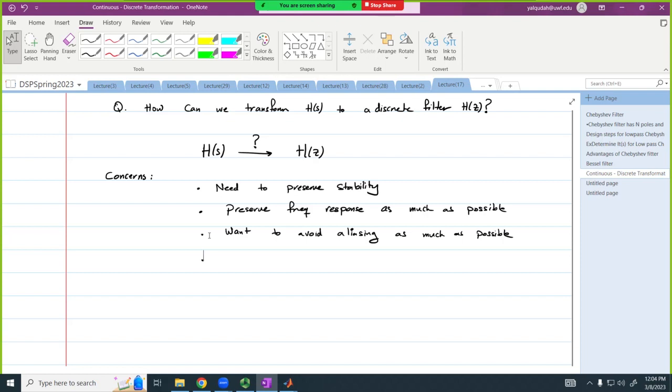Apparently, we're going to do some type of analog to digital or continuous to discrete transformation. That means sampling somewhere. Sampling means aliasing. So apparently, the shape is going to be impacted. Again, we'll see it more clearly. And what you mentioned, we want it as simple and efficient as possible.